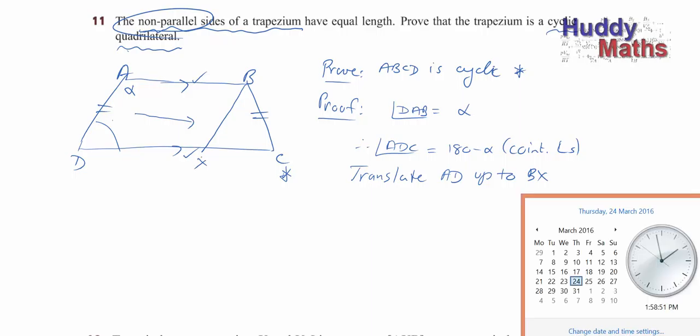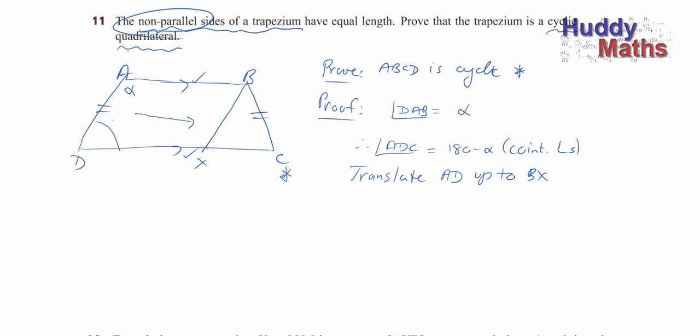So we're translating A to B and D to X by equal amounts. So this then, BX would be equal to BC, and also we could say angle BXC, if we translate it, this will be parallel to this.